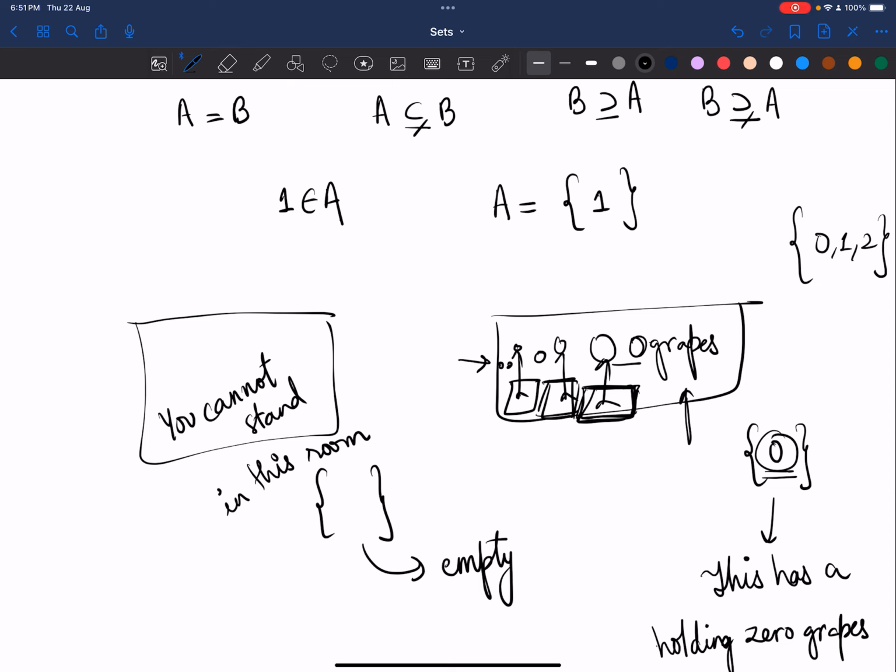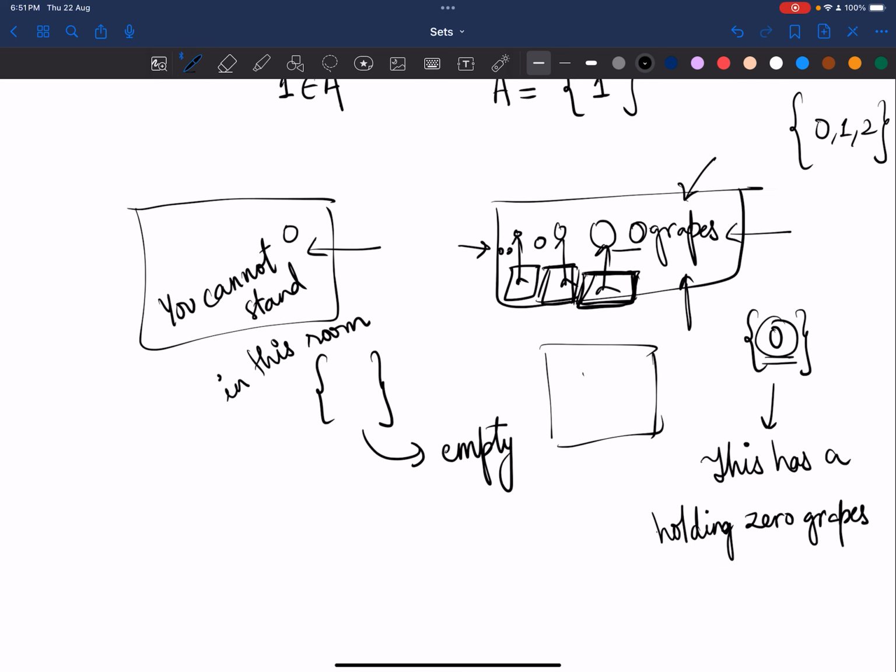Of course, if you think everything in terms of grapes, this room also has 0 grapes. Even if I just take the room of a man with 0 grapes, equal to 0, even this room has 0 grapes, and this room also has 0 grapes.